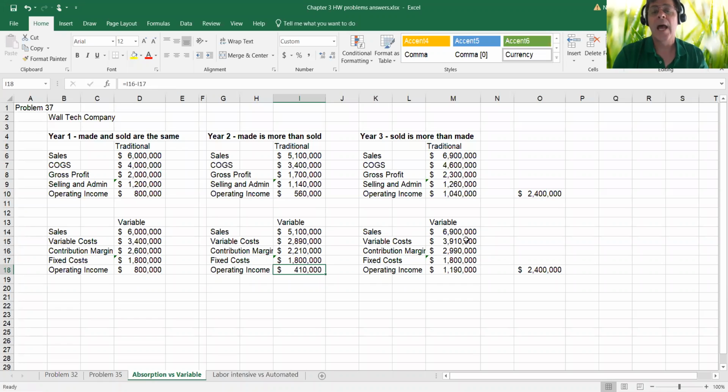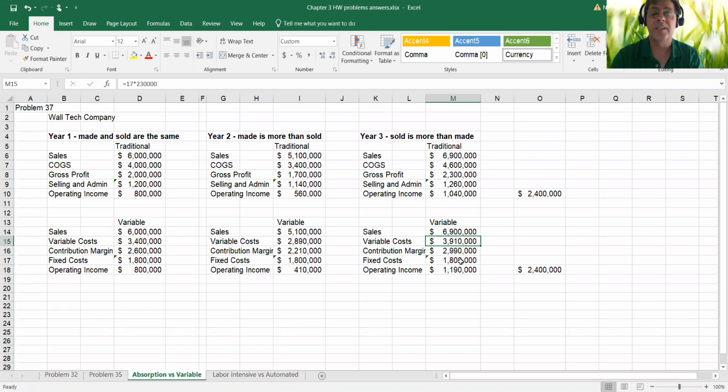All right. Now, just the opposite thing happens. In year 3, when you sell more than you make, again, it's not equal. The operating income using the variable costing method and the contribution margin method, outline variable costs, all good, easy to calculate.